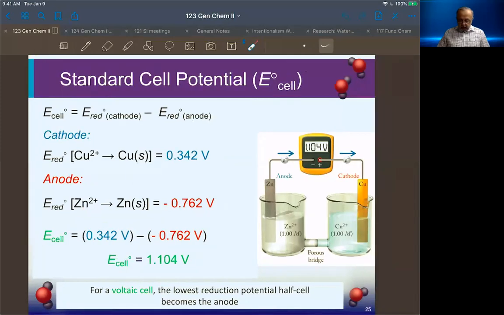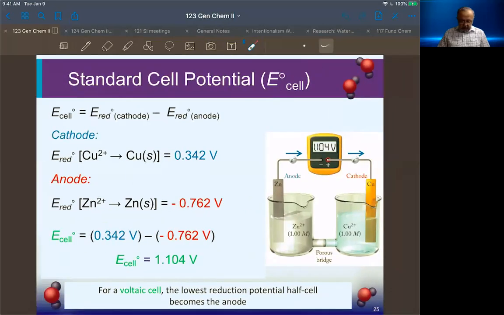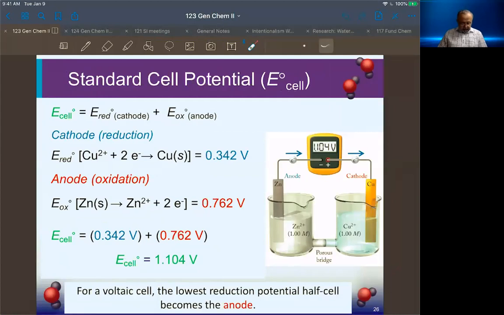Another way of thinking about it is the way that is written here. In this case, I've written, again, the reduction, and I changed this to the oxidation. So I have written the equation the way that is going to happen in this chemical cell here. Then notice that I've changed the sign.